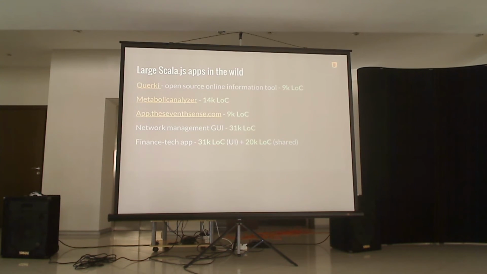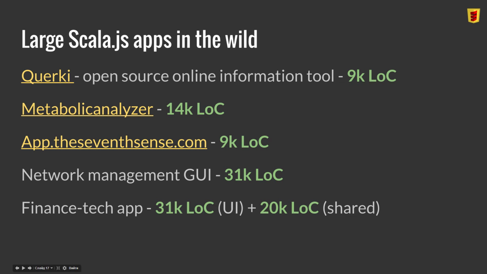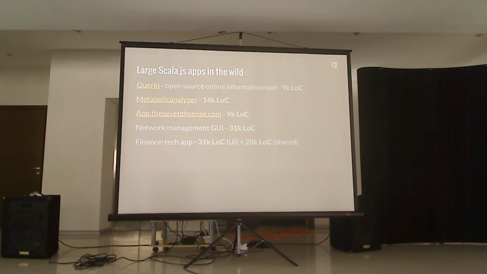So here are a couple of examples I collected of what kind of applications people have actually developed using scala.js. There's Querki, which is a sort of wiki kind of thing, an online information tool, developed by basically one guy, already almost 10,000 lines of code. There are a couple of other examples.